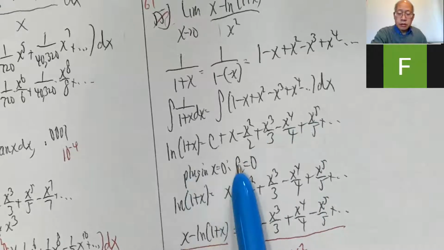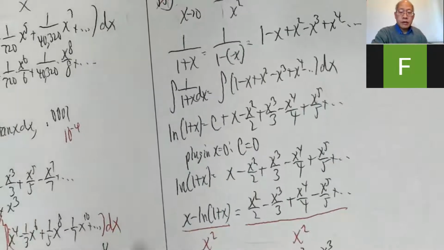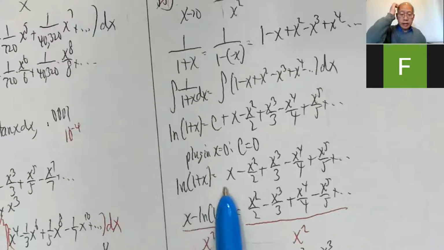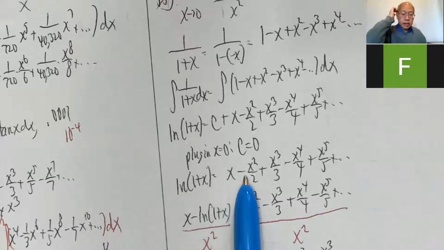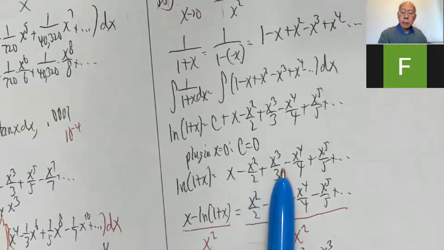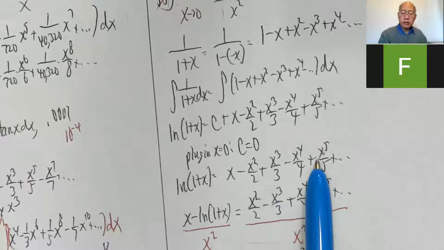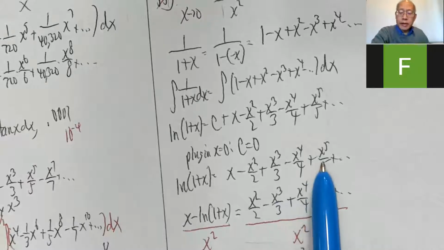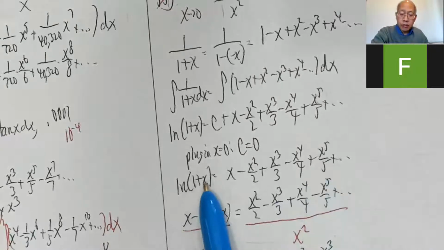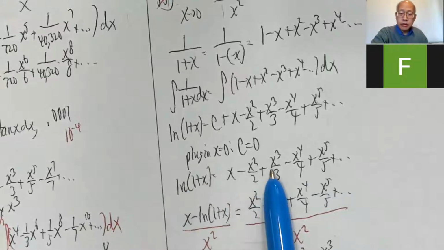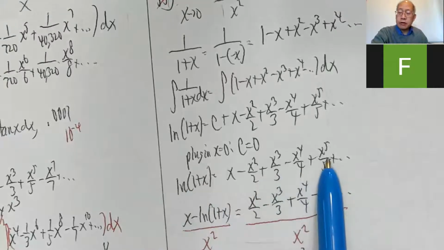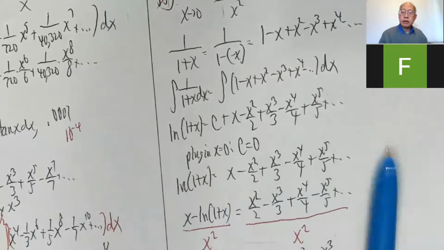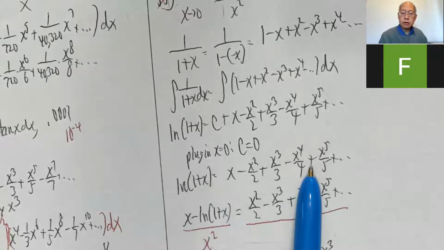Then that gives me c is 0. Okay, so in other words, here's the expansion for ln 1 plus x: x minus x squared over 2 plus x cubed over 3 minus x to the 4th over 4 plus x to the 5th over 5. And you might recall that's how we got the formula for natural log of 2. If I plugged in 1, 1 plus 1 is 2, 1 minus a half plus a third minus a fourth plus a fifth. That was our famous alternating harmonic series, you might recall.